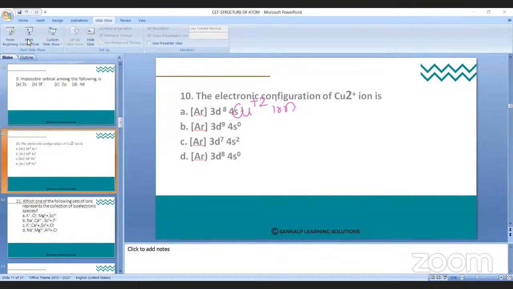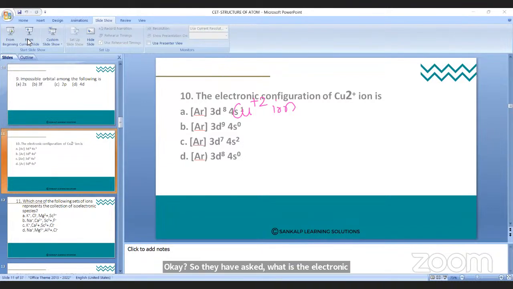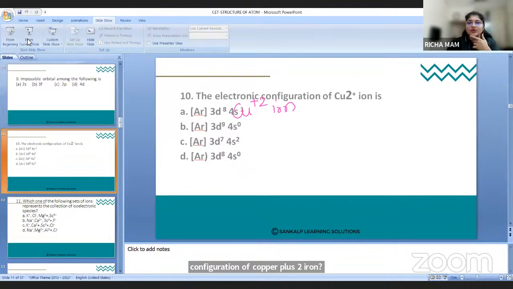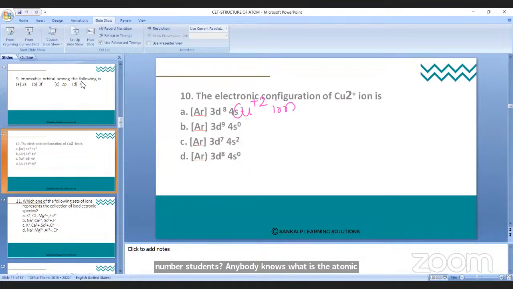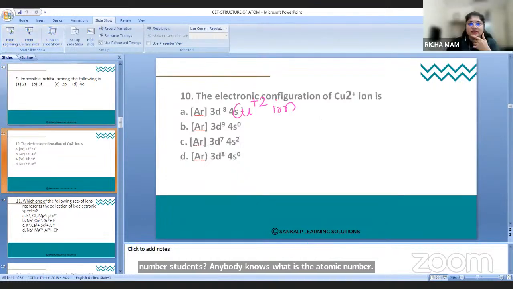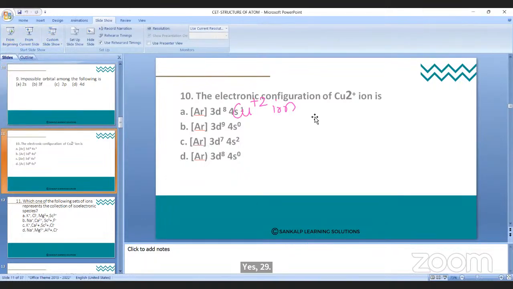They have asked what is the electronic configuration of copper +2 ion. What is the atomic number, students? 29, ma'am. Yes, 29.